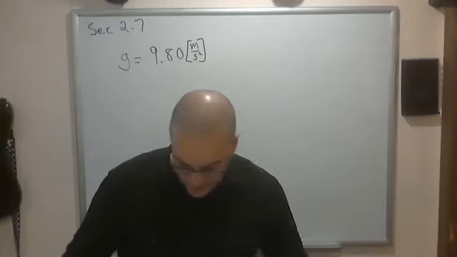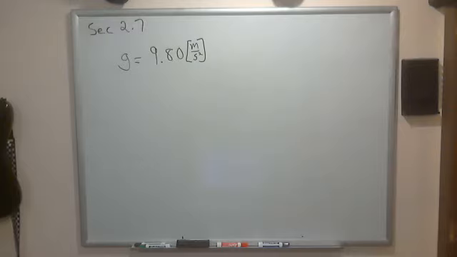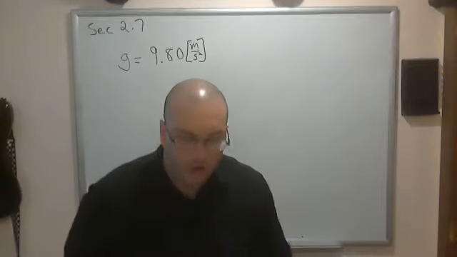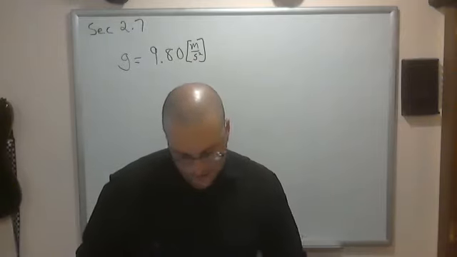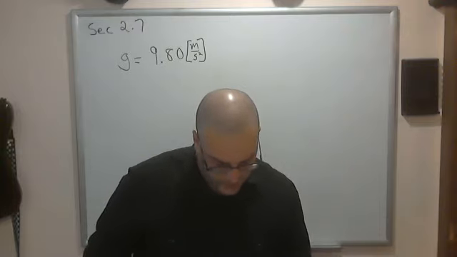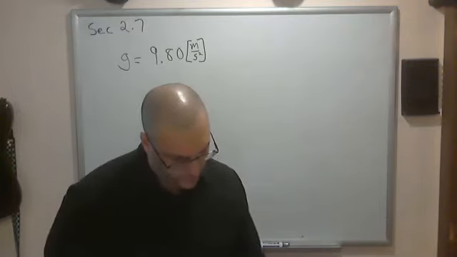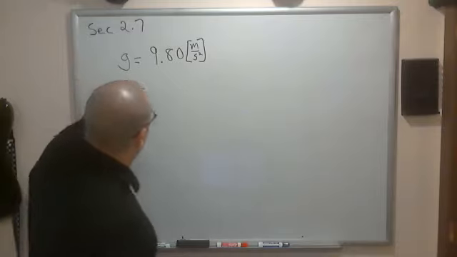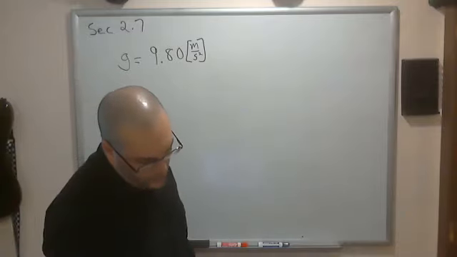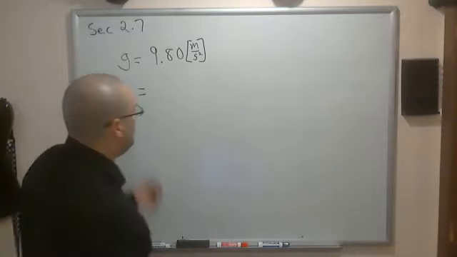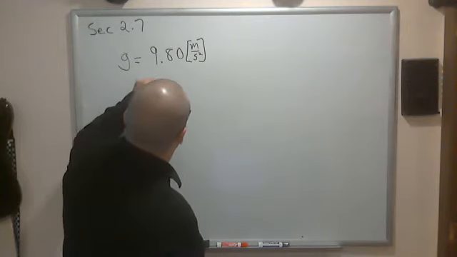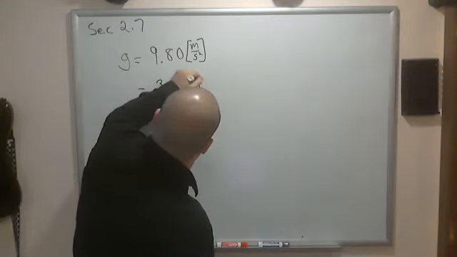So we'll just use 9.80. It simplifies everything. And then a lot of people actually just use 10 a lot of the time if you're doing simple calculations. And in the English system, in feet, it's 32 feet per second squared.